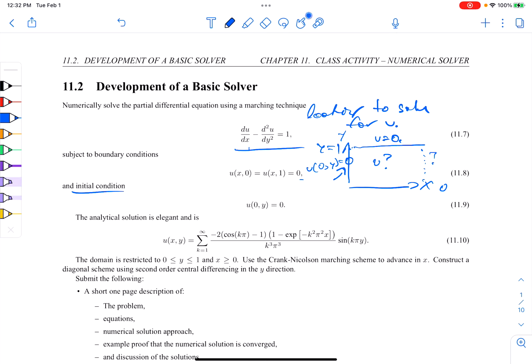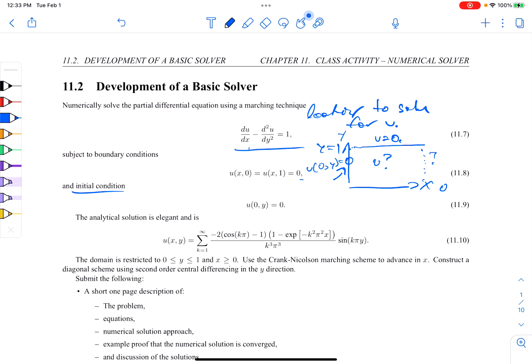The right-hand side source of 1 could be seen almost as a pressure gradient. What would be missing from this equation, of course, is a term like u partial u partial x, which is the nonlinear term on the left-hand side of the momentum equation. So we have a single PDE, which is sort of a model equation to develop a general solver for laminar flows.